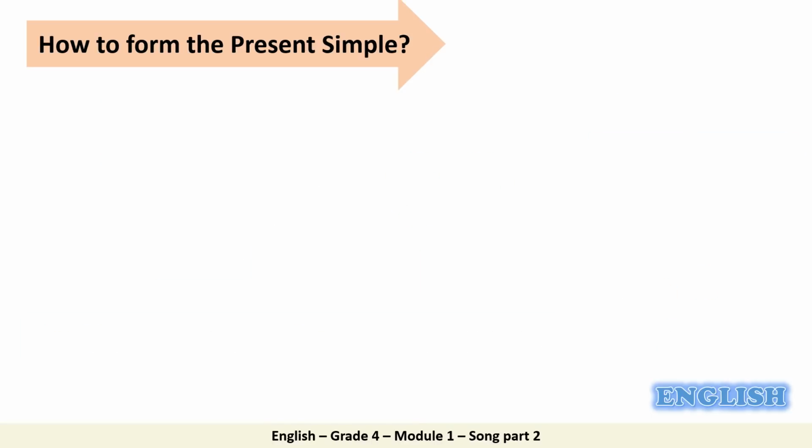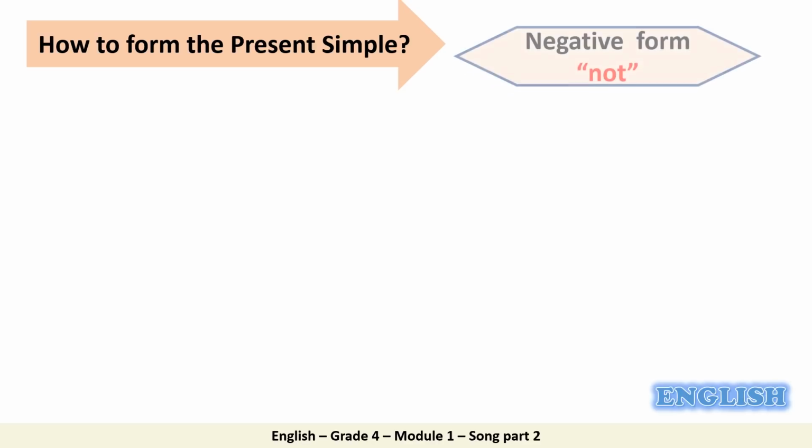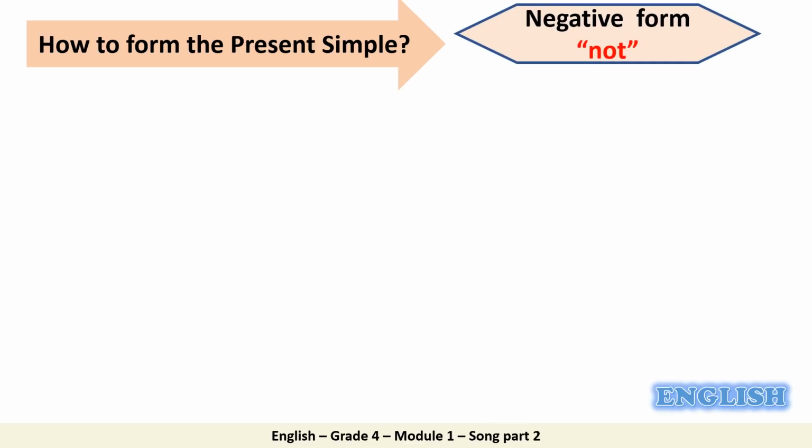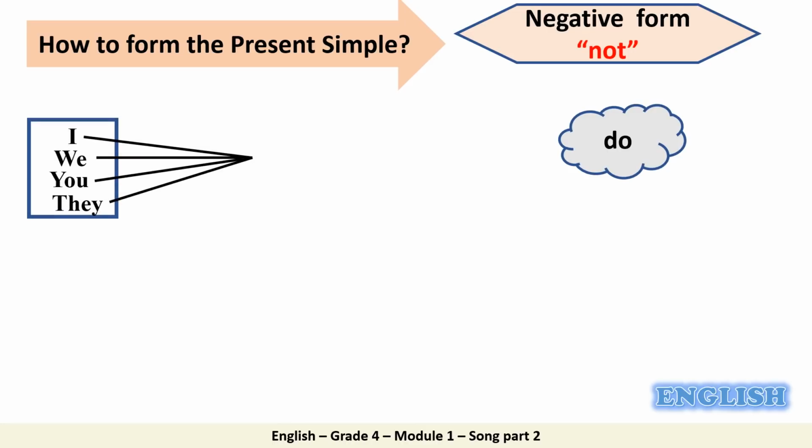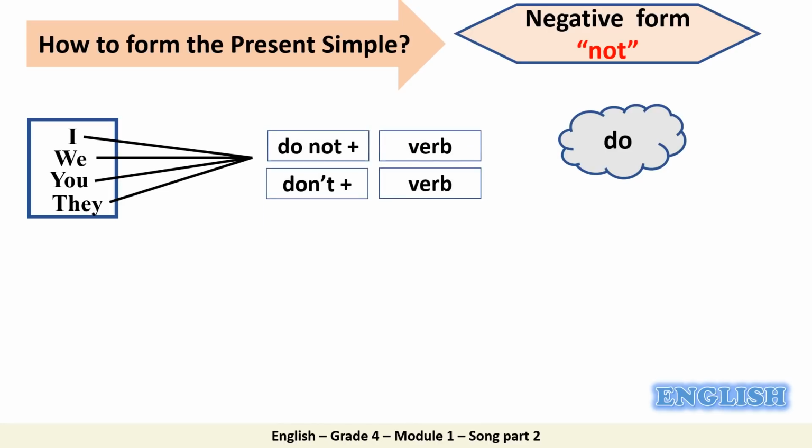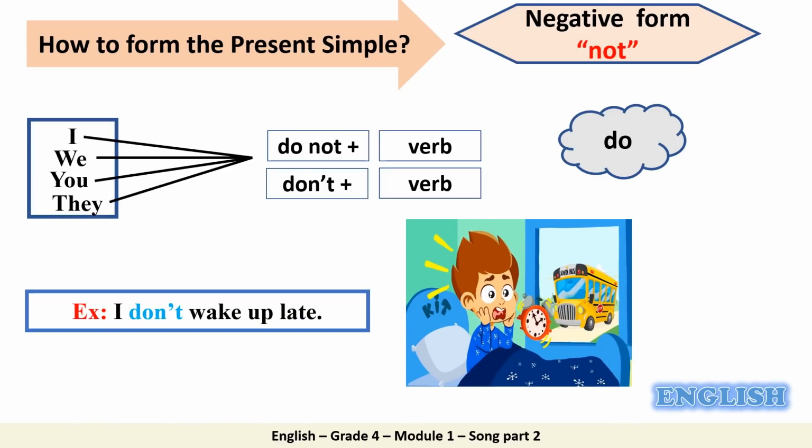Now we are done with the affirmative form and we are going to move to the negative form, which means adding not. In order to form the negative, we need help. Our help will be the verb do. So, with I, we, you, and they, the negative form will be do not plus the verb. For example, I don't wake up late.